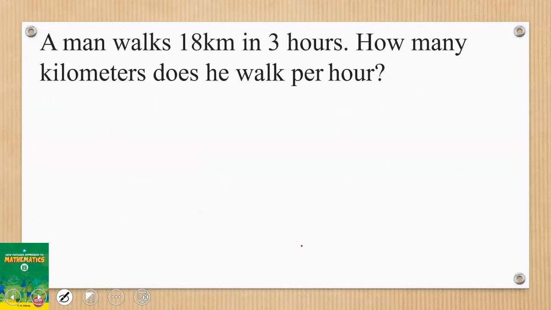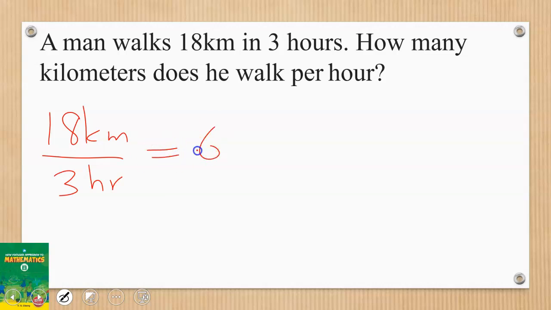A man walks 18 kilometers in 3 hours. So the whole 18 kilometers in 3 hours. How many kilometers does he walk per hour? All things being equal, he is using 3 hours to do 18 kilometers, so for every hour of his movement, we can divide 18 by 3, which of course gives us 6.